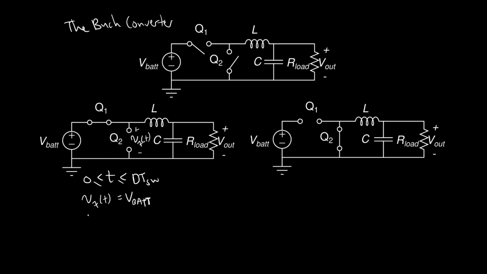Often we call this node the VX node, or the switching node. VX is equal to the battery voltage, right? So it's doing the same thing that it was before when we only had one switch. And sometimes people refer to this switch Q1 as the main switch.